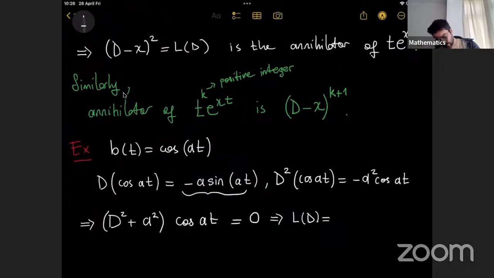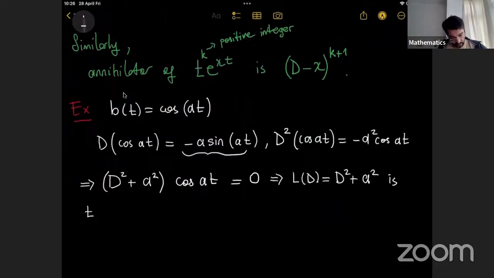Which is, d squared plus a squared is the annihilator of cosine at.